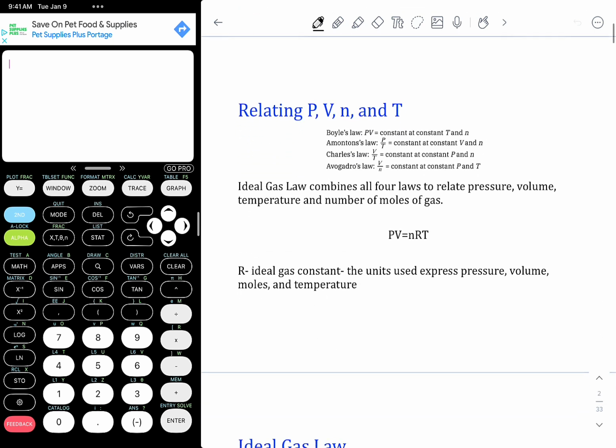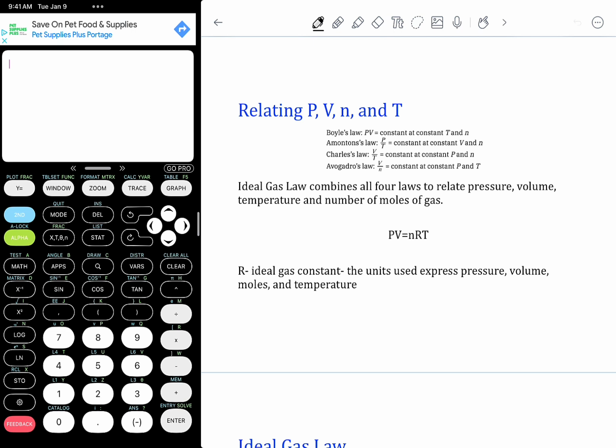So in our previous lesson, we talked about how pressure, volume, number of moles, and the temperature of gas all matter in determining each of those variables for a specific sample of gas, and how changing one will affect the others.